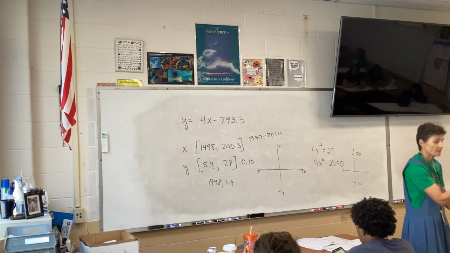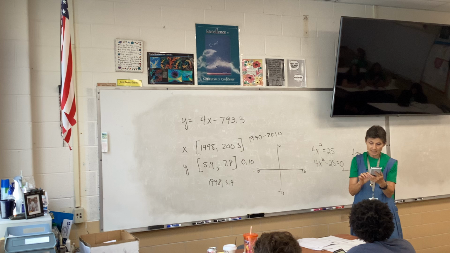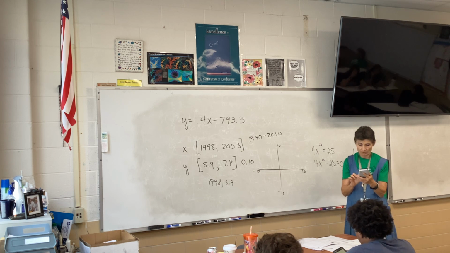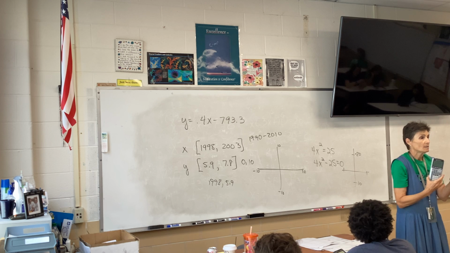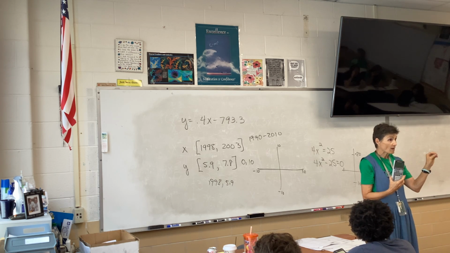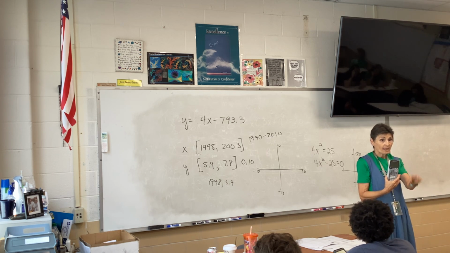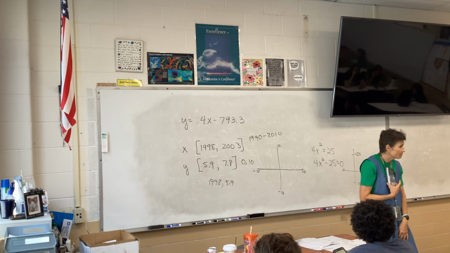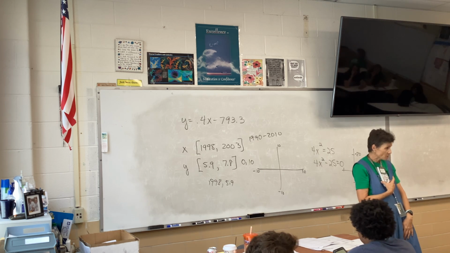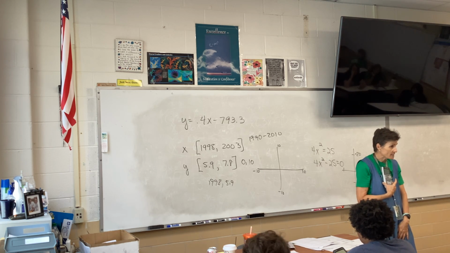Right here where my finger is. And then minus 793.3. Now hit graph. Your points are still there, right? And what does your line look like? Doesn't it go through those points? That's a pretty good line, right? It's a pretty good approximation of those data points.